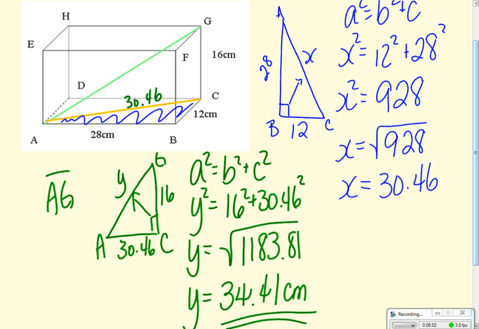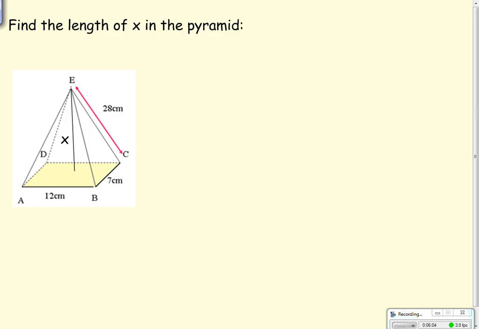All right, another type of question you might be asked is this, and that is finding the length of x in the pyramid, a square-based pyramid. It helps if you understand the properties of a square-based pyramid. If you draw a line from the top apex to the base of the pyramid, what you're doing is putting it into the center, which means that the distance from this line to that line is half of this distance, so it's going to be 3.5.